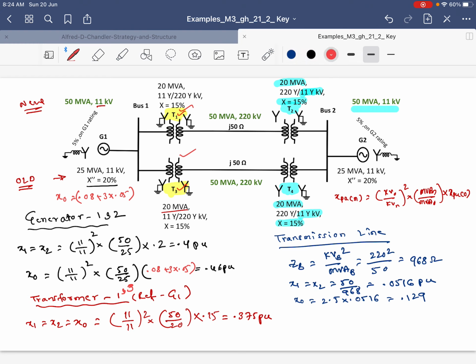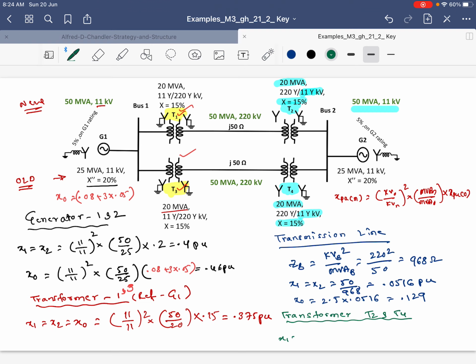Therefore, I am doing here for the transformers T2 and T4.